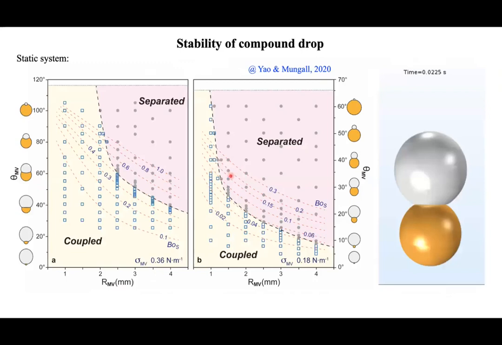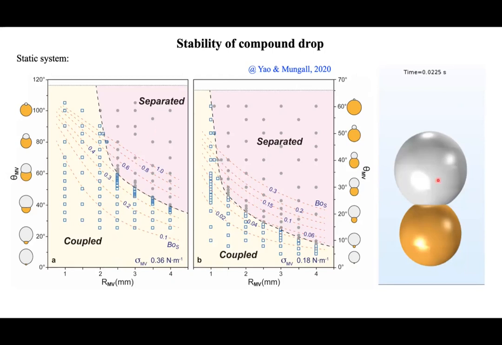Secondly, we should think about the stability of the compound drop. Here is the result I simulated. It has different shapes of the compound drop, and these are different sizes of the compound drop. We can see that in this yellow range, the compound drop is stable, but if it enters the pink range, it will separate.